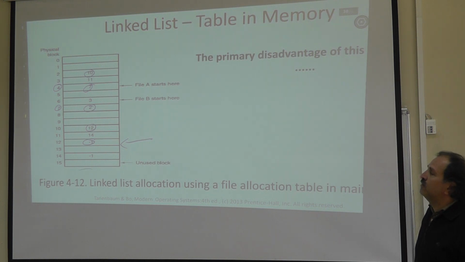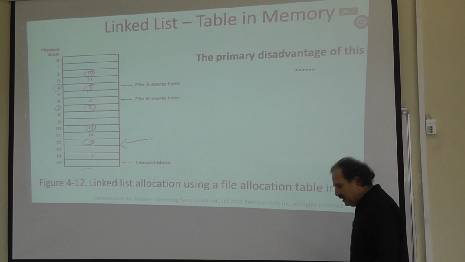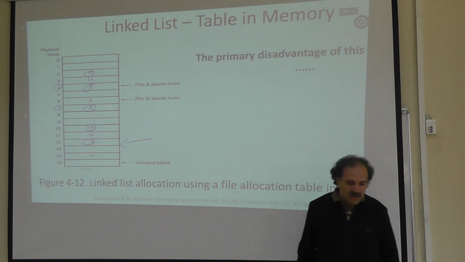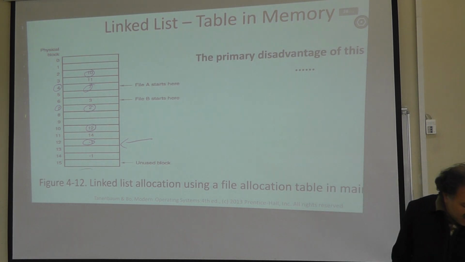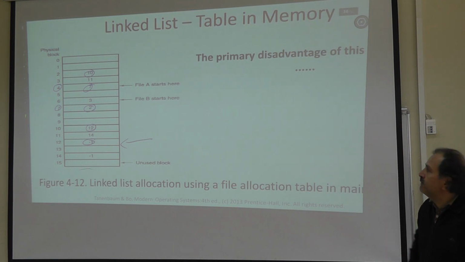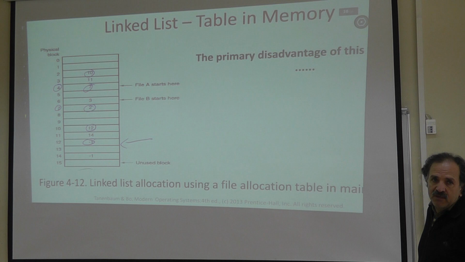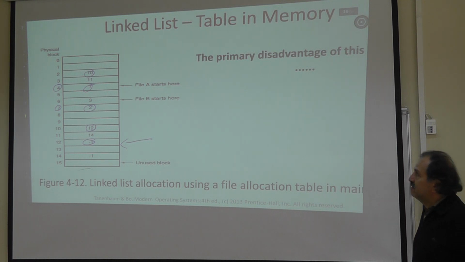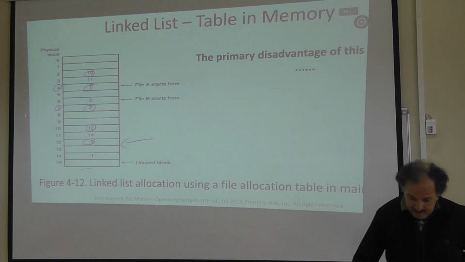So in order to make this random access, all I need is a single disk access. I don't have to do this movement many times. So this solves the random access problem, but I still have the sequential access problem, because if I want to read the whole file from beginning to end, I have to follow each block, and I have to move my disk head from one block to the other block, which will take time, and I cannot escape from it because I started my file system this way.